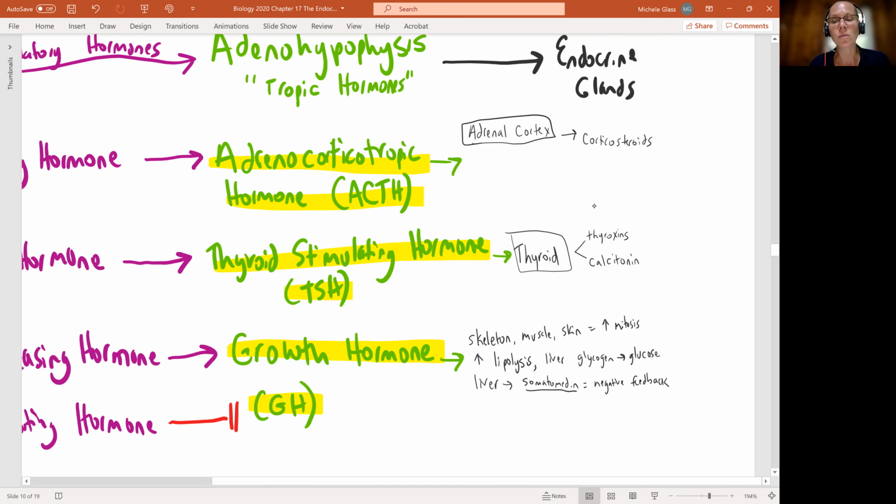Somatomedin, when it's increased to a certain level, is going to be the trigger for your hypothalamus to make the growth hormone inhibiting hormone. So increasing levels of growth hormone effectively shuts off the production of growth hormone. We'll see several examples of negative feedback mechanisms when we talk about regulating our hormones.